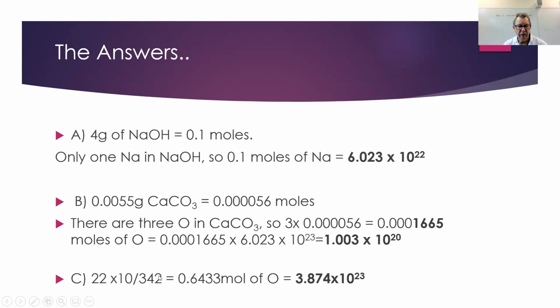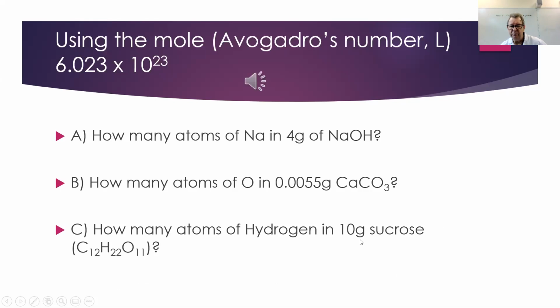The moles of sucrose are 10 over 342, that's the RMM, 22 times that, that's 0.6433 moles, multiply that by 6.023 times 10 to the 23, I get 3.874 times 10 to the 23, that's nearly 400,000 million hydrogens in only 10 grams. That's about 10 teaspoons of sucrose.